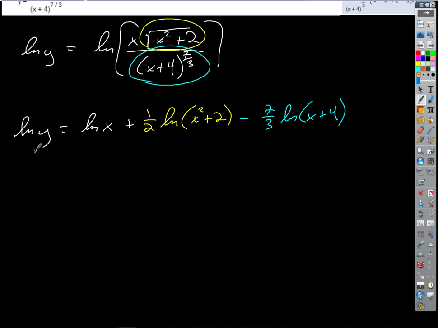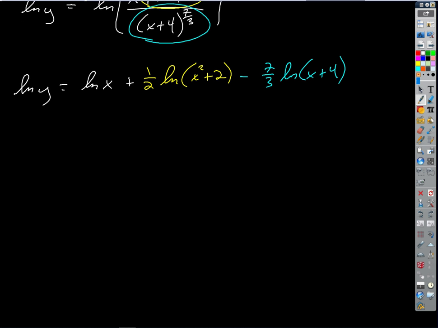Way easier. Now I can differentiate both sides implicitly with respect to x. So what do I get on the left side if I differentiate log y with respect to x? Derivative of log u is just u prime over u, right? So derivative of log y is y prime over y equals the derivative of the first term, the derivative of the second term.